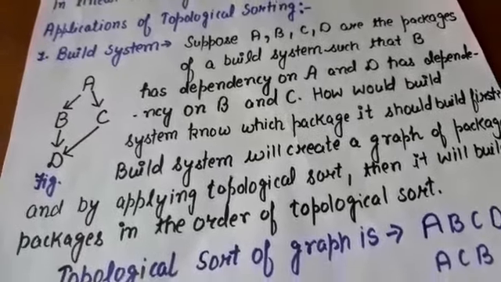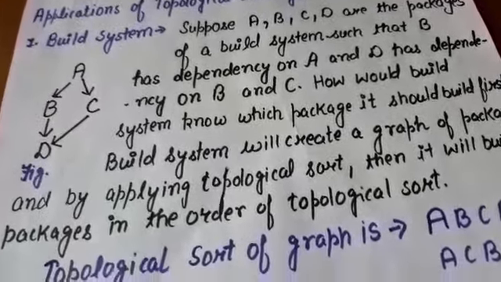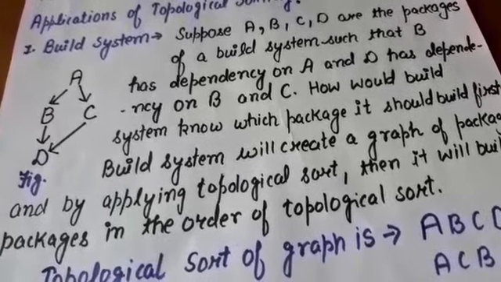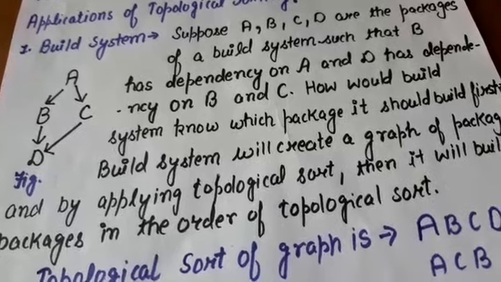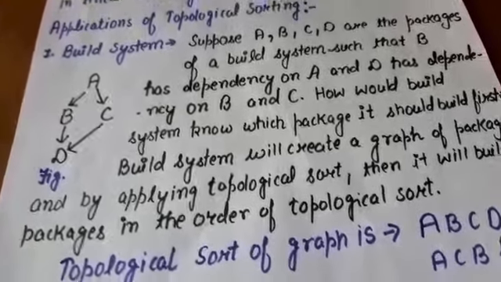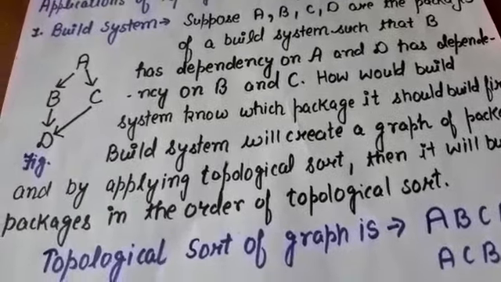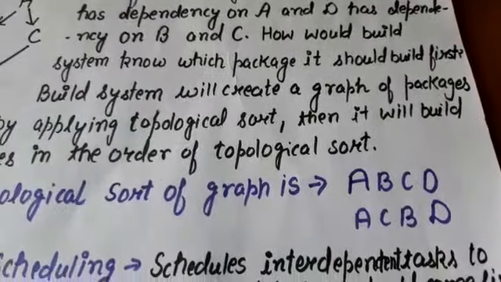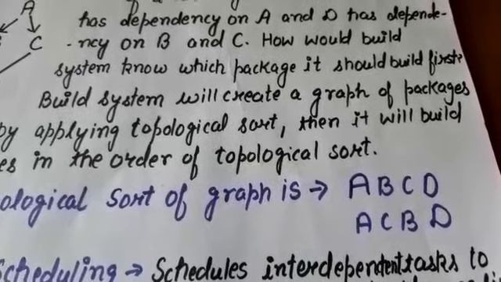And one thing I want to tell you is that the topological sort of a graph cannot be unique. Means I can have any number of topological sorts for a graph. So for this example, I can also make another topological sort. See here, another topological sort for this graph can be ACBD.